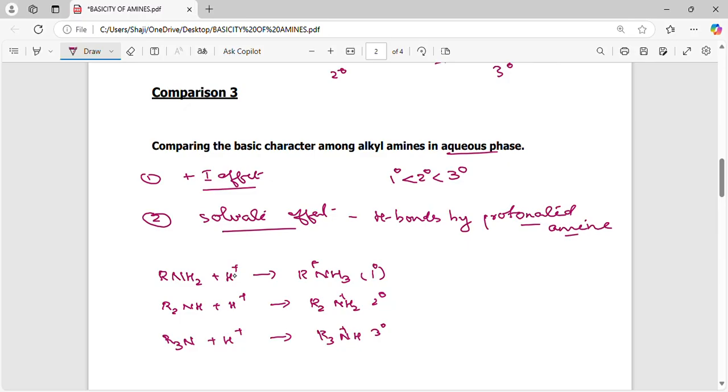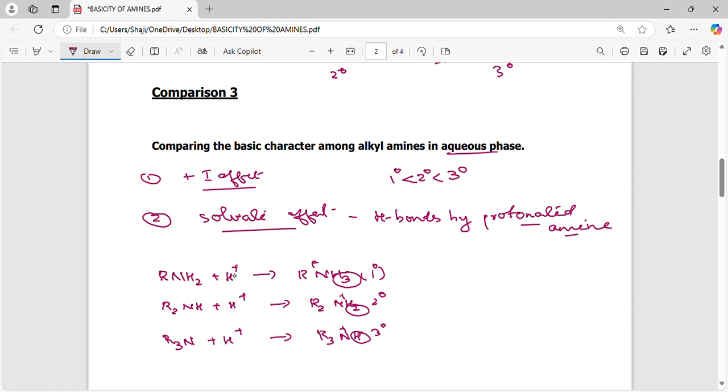In these three cases, when you compare, the number of hydrogen atoms is more in primary. There are 3. Secondary only 2. But in tertiary only 1. As the number of hydrogen atoms increases, ability to form hydrogen bonds also increases. So as the number of hydrogen bonds increases, basic character increases.